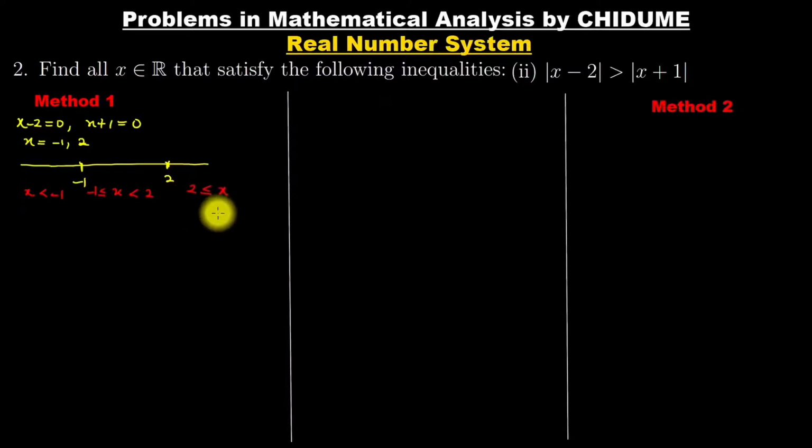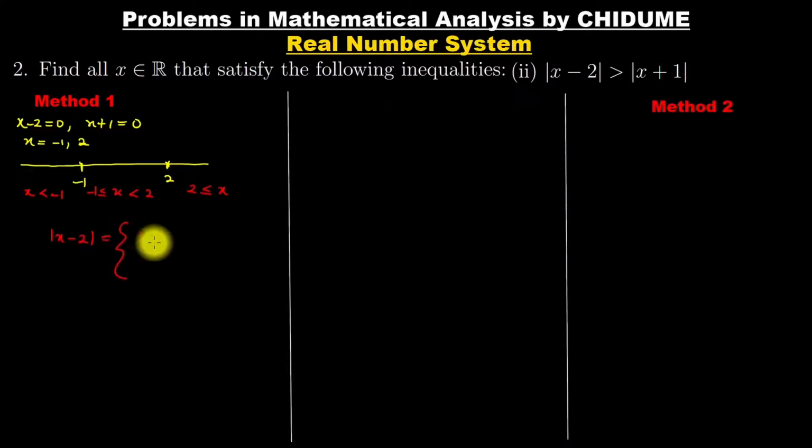So the next thing I may want to do now is to write my definition of the absolute value of x minus 2.